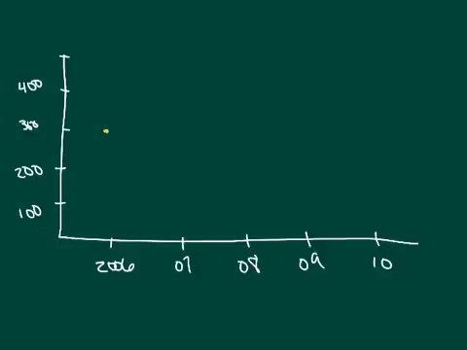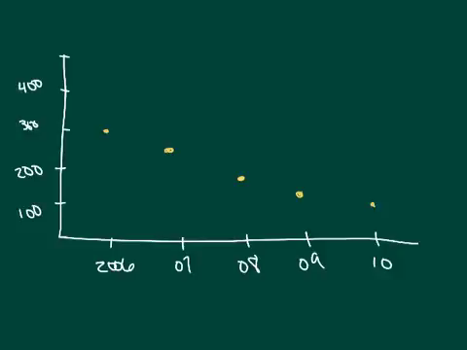In 2007, 250. In 2008, 175, so that'd be around there. In 2009, 150. So yeah, it's about 150. And then 2010, 125. So there's my scatter diagram.